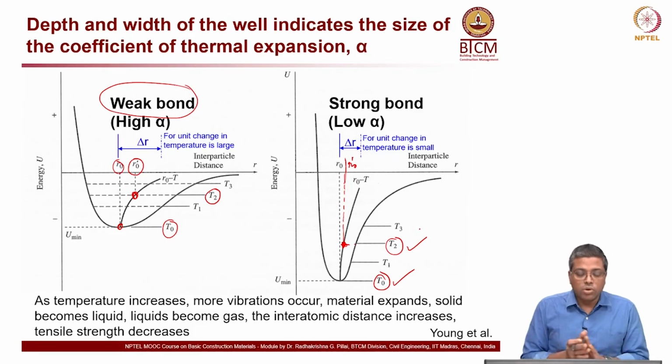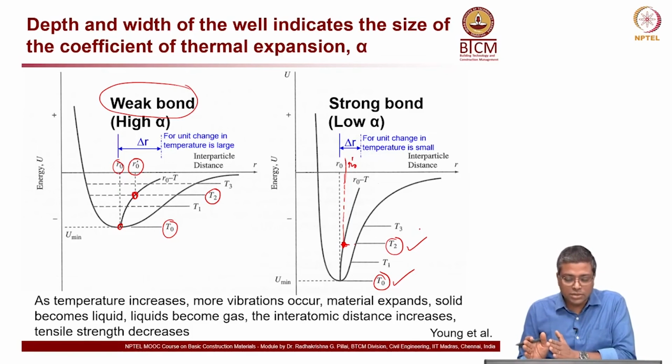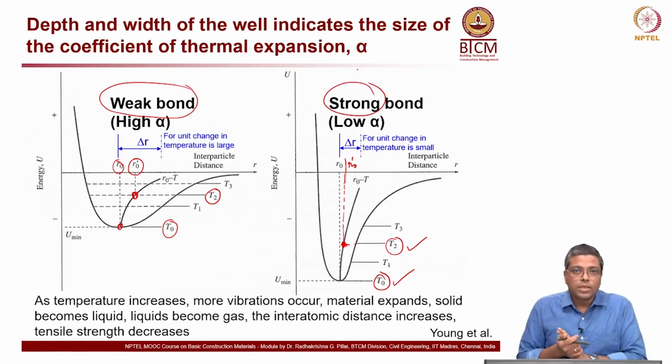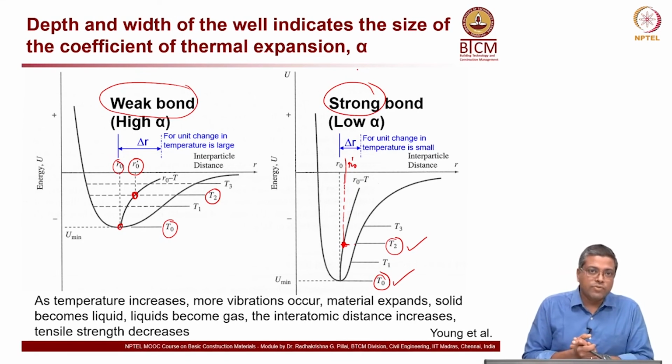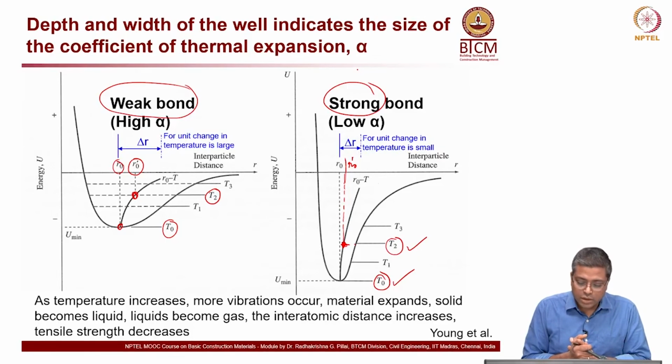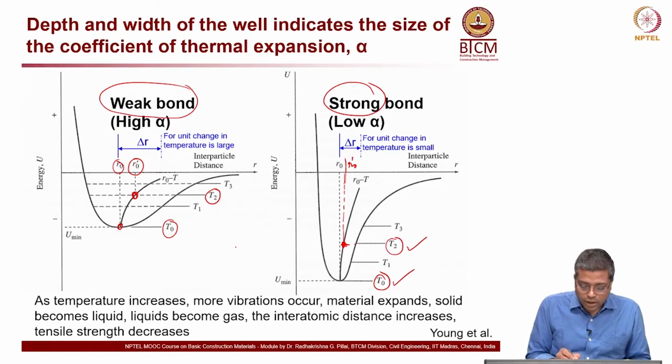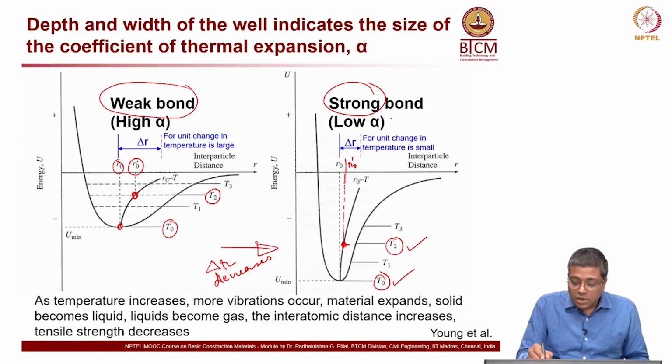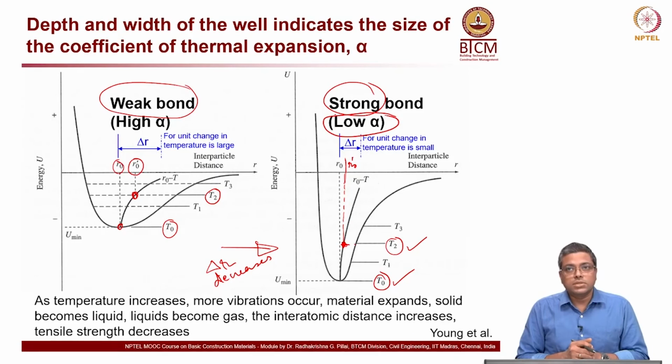So definitely we know that delta R in the second case, which is a strong bond system, is smaller than delta R in the first case. So as you go from left to right, delta R decreases. That means the alpha also decreases, the coefficient of thermal expansion also decreases.